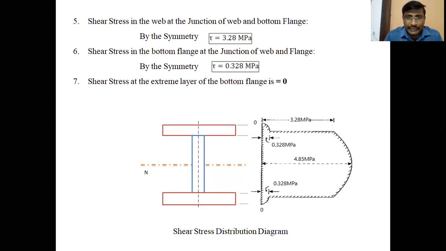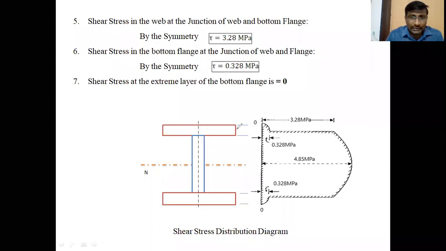Like this, you have to calculate the shear stress values by applying the formula tau equals F AY bar by B into I at different points. After calculating the values of shear stress at different locations, you should draw the shear stress distribution diagram across the I section. Before drawing the diagram, we should first draw the total I section again.